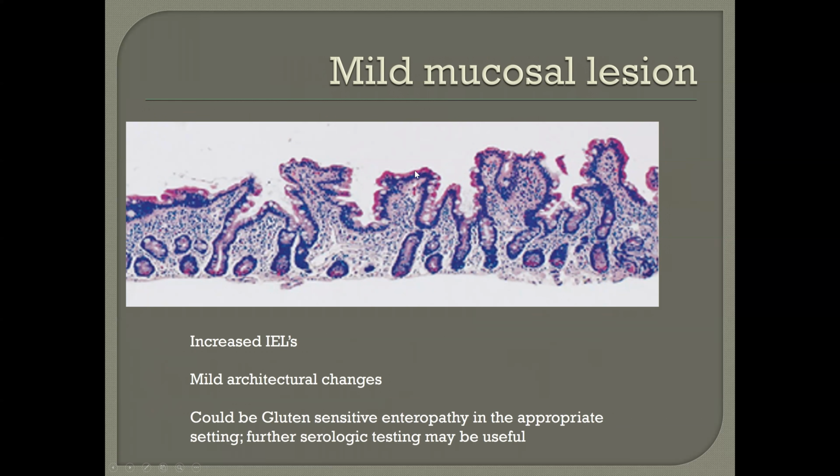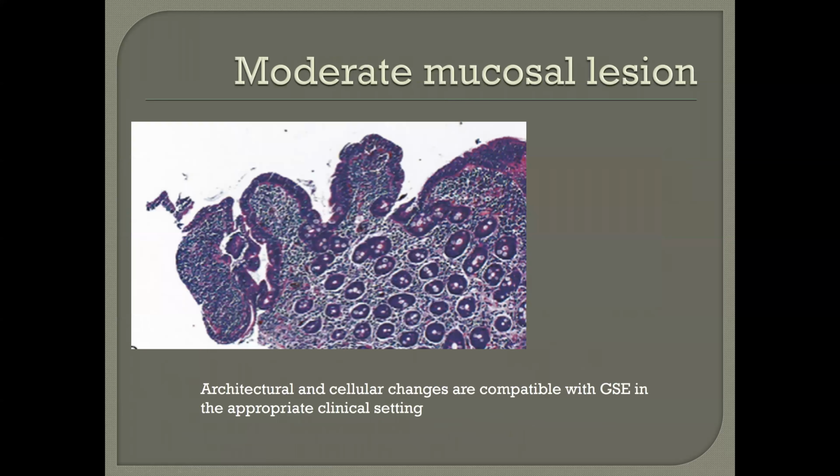Here you see a little shortening of the villus, a sort of a plateau surface, and still intraepithelial lymphocytes. And if you were to have gluten-sensitive responsive enteropathy here, that would be appropriate. But certainly in this sort of a biopsy, we would recommend antibody testing as well.